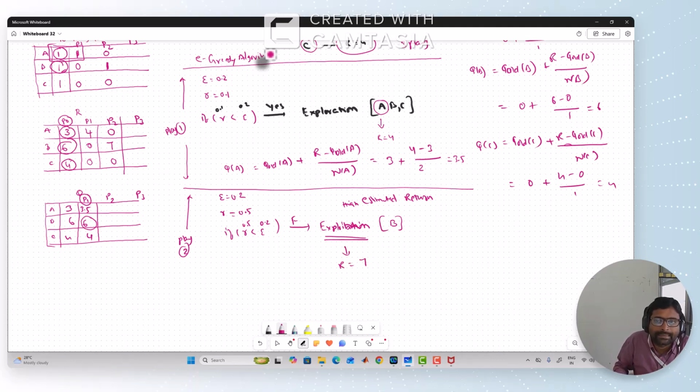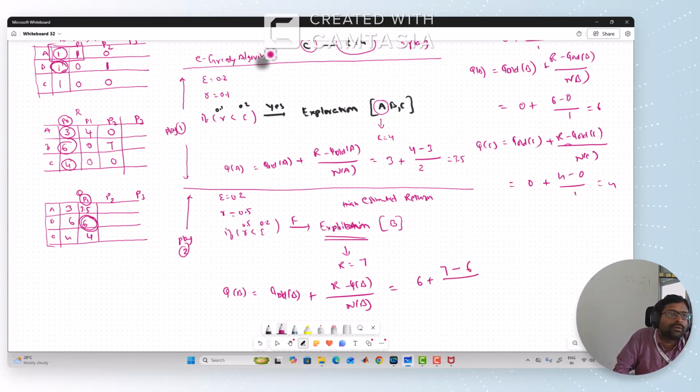Now you calculate the estimated returns. Q of B equals Q old of B plus R minus Q old of B divided by N of B. So what is the Q old of B? The old Q value is 6, plus reward is 7, minus old B value 6, divided by number of plays.